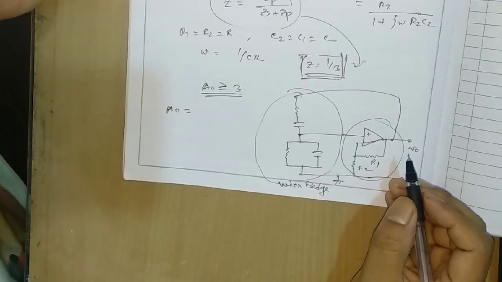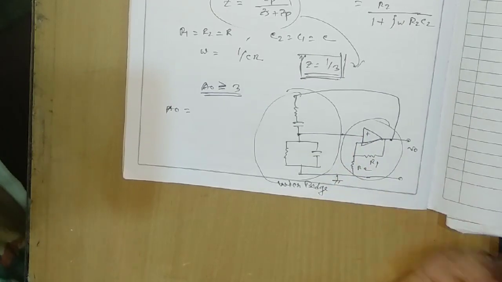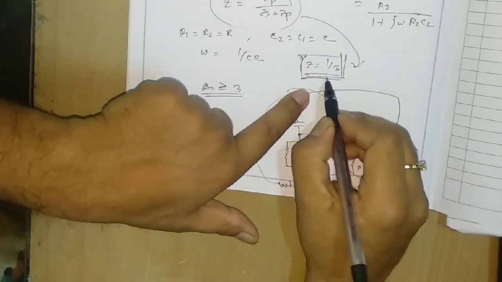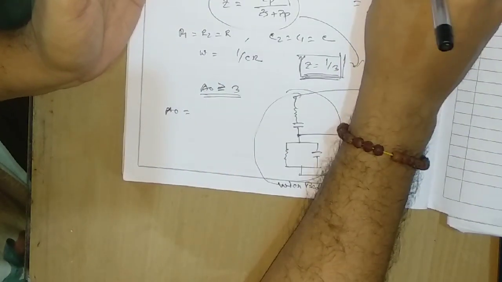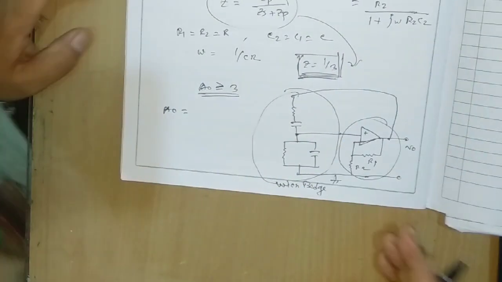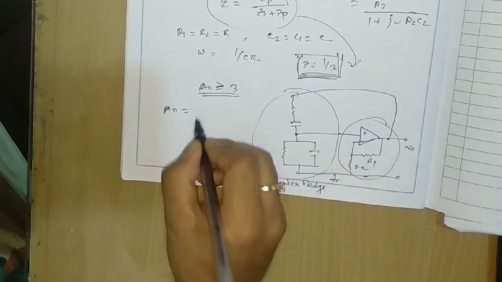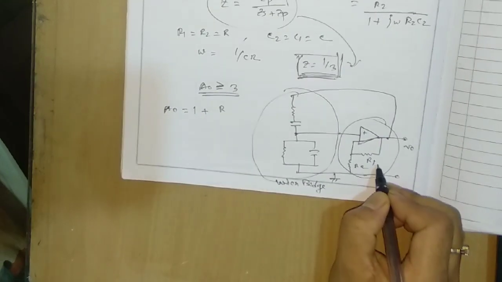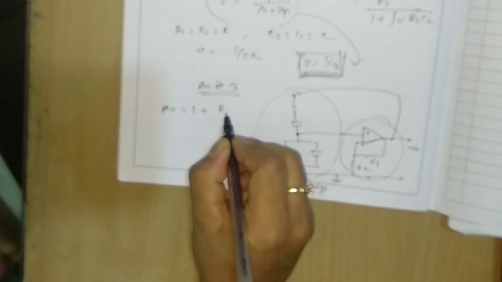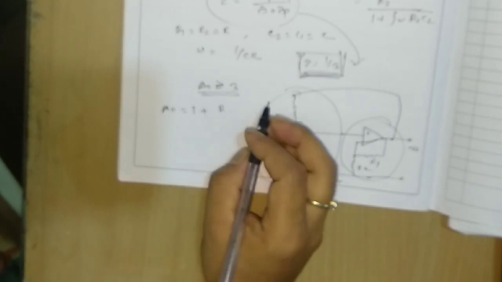In our previous case for phase shift oscillators, the amplifier we used was inverting, but in this case we have non-inverting, as we have no phase shift in this network, input through output, 0 degree phase shift. So we choose non-inverting. So now for non-inverting, we know the amplification factor is 1 plus R2 by R1.